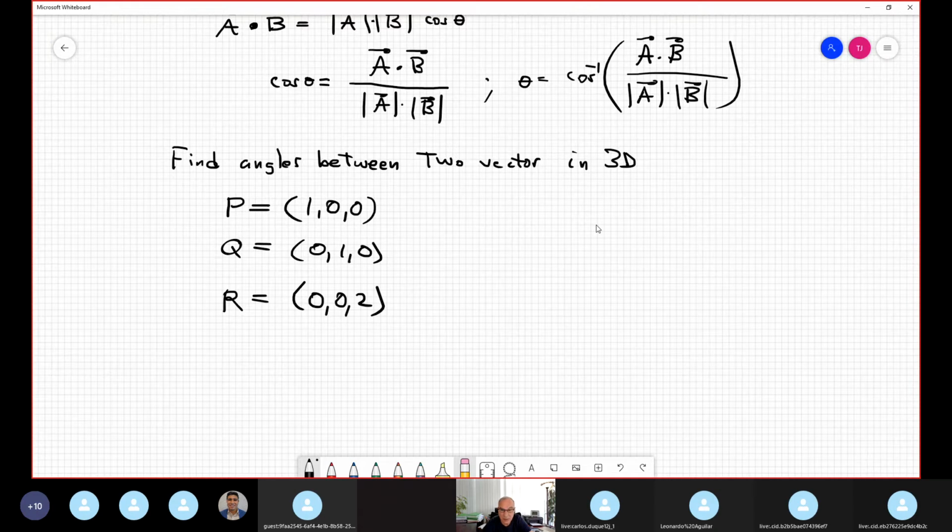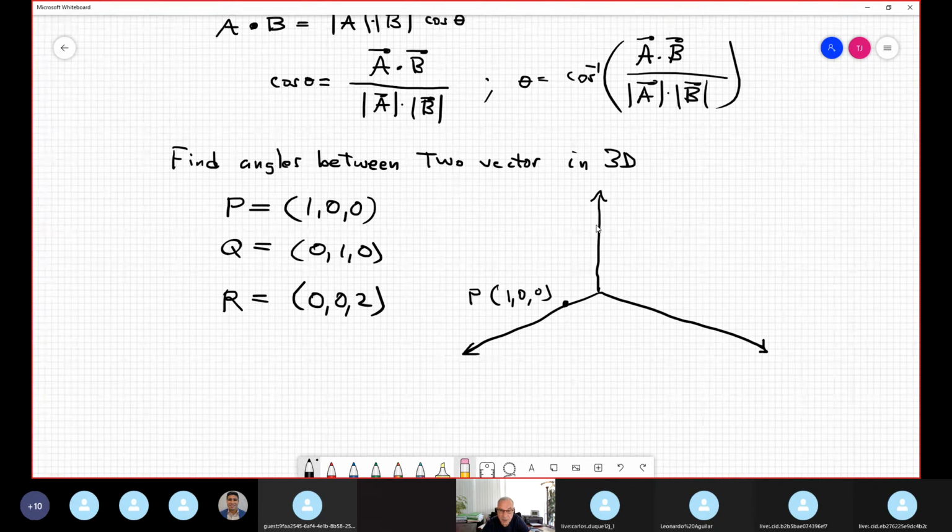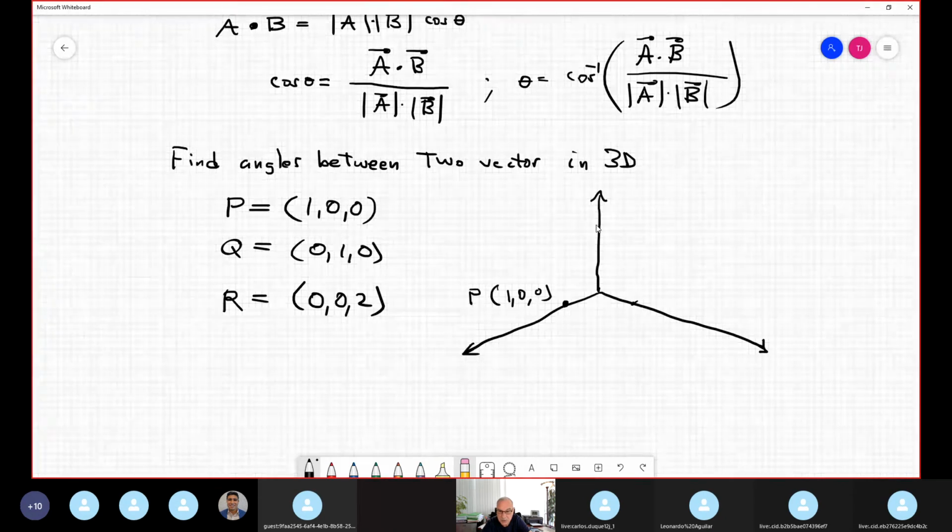I plot the points in the rectangular coordinate system. I want to do it by hand now. I have the GeoGebra application, but I don't want to switch to GeoGebra. I plot the first point, this is 1, 0, 0, which is P. Another point is 0, 1, 0, which is Q, at the same distance 1.